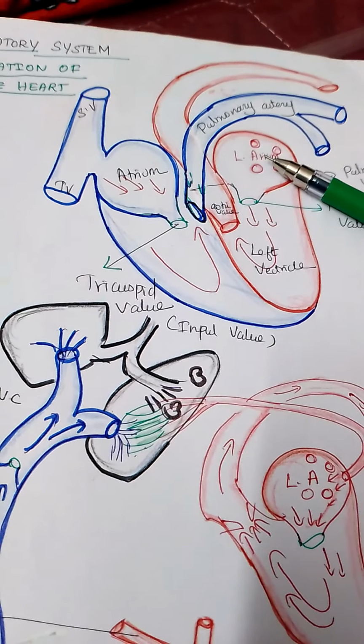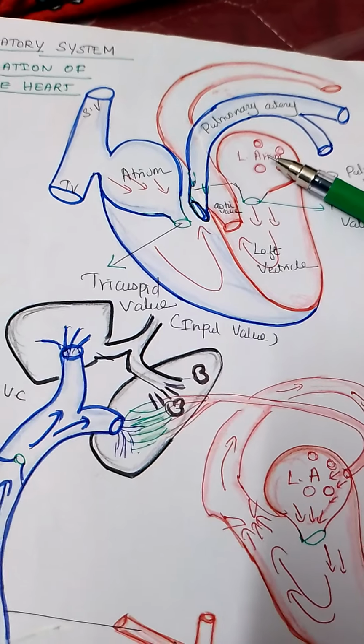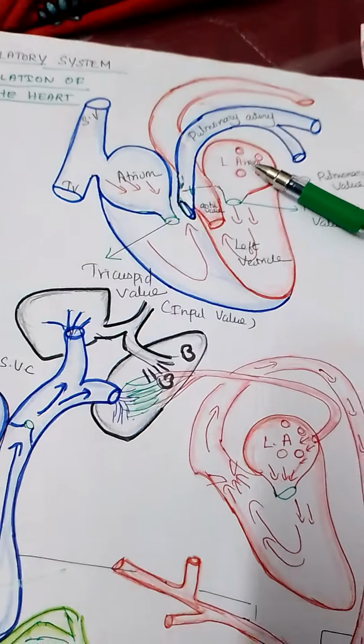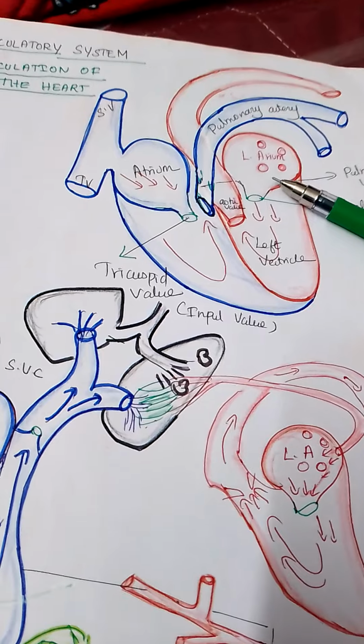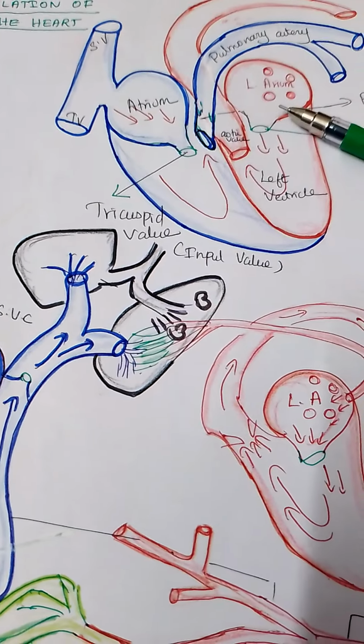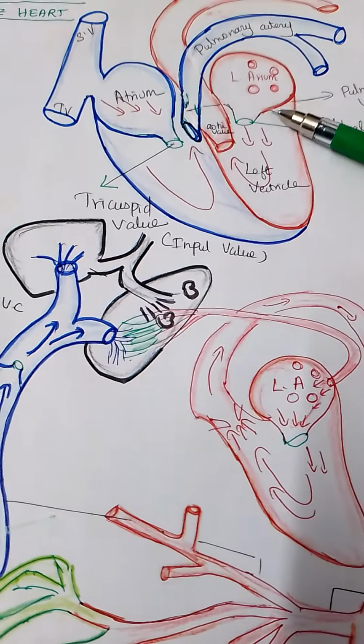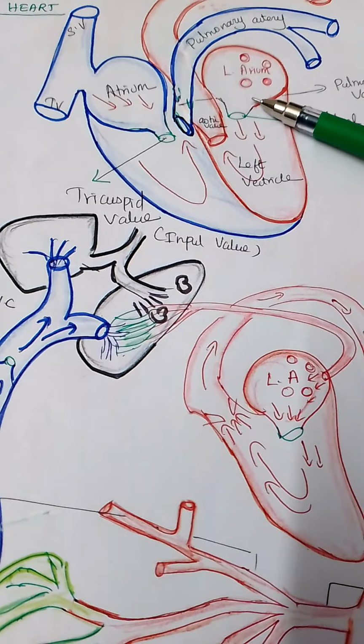How many pulmonary veins are there in the human heart? Nearly four pulmonary veins are present. Eventually these pulmonary veins open into the left atrium.